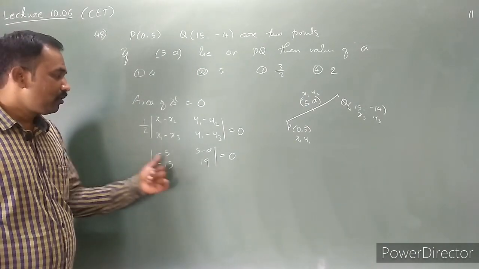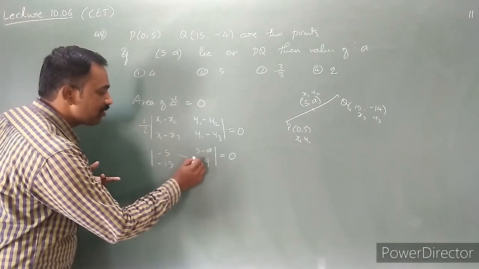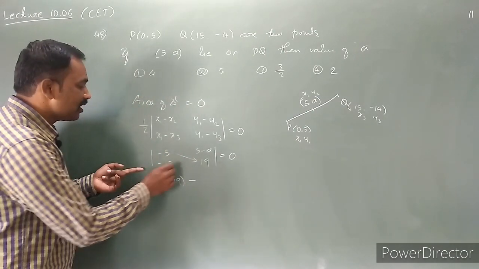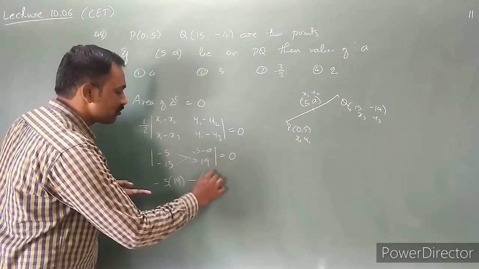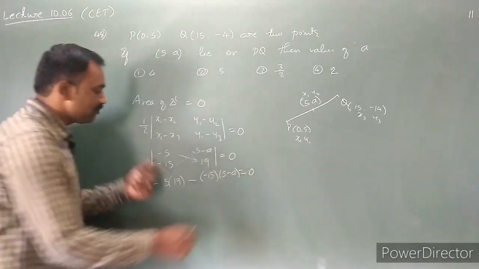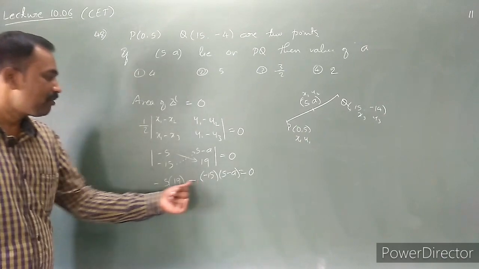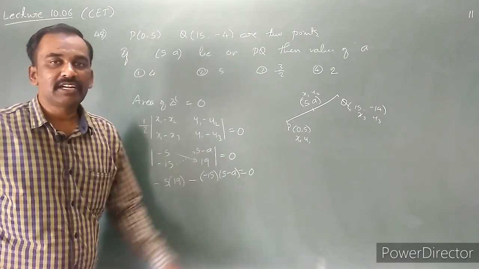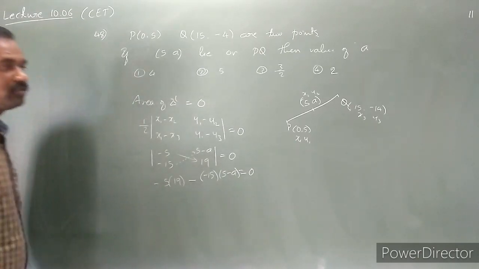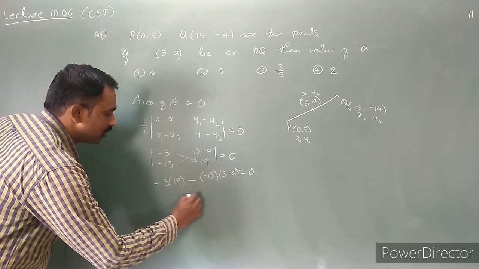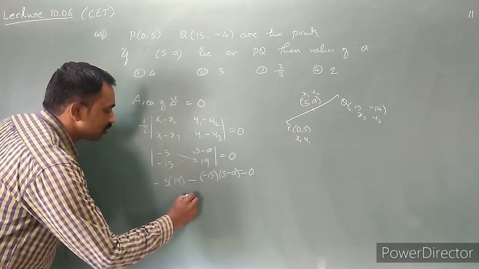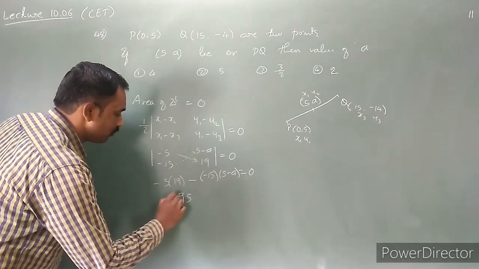How to evaluate the determinant? We already know, take the product of the diagonal elements. First of all, minus 5 into 19. In between, a minus sign, and then the cross product of the remaining diagonal elements: minus 15 into 5 minus A, equal to 0. Simplifying this gives a linear equation in one variable, from which we get the required A value. Minus 5 into 19 is minus 95.